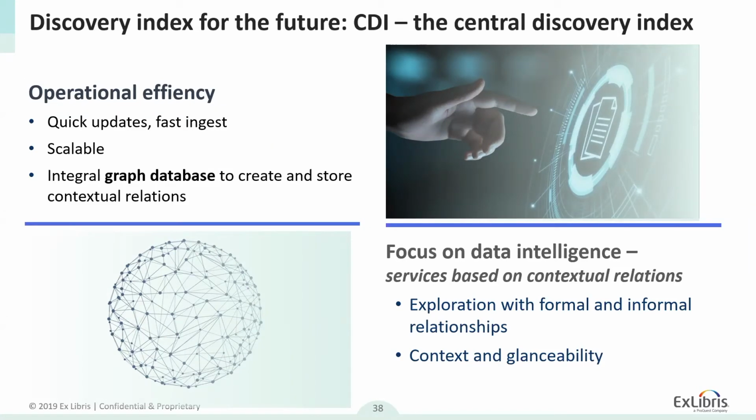It also contains a graph database that we specifically created to create and store relationships between material that we index in the index. So the focus here is on data intelligence and on creation of new services based on contextual relations. That is to provide exploration tools with formal and informal relationships and to provide context and also glanceability. And I talk about this a little bit later.